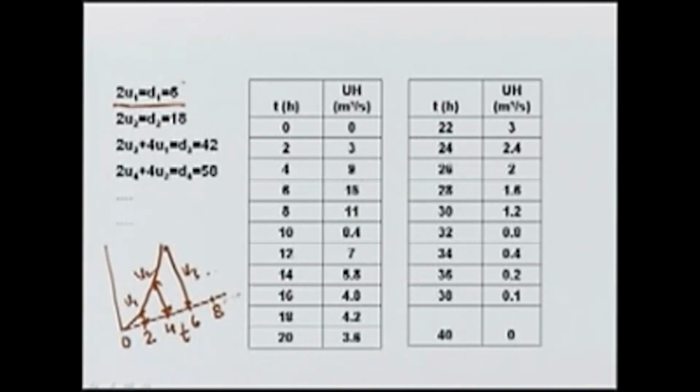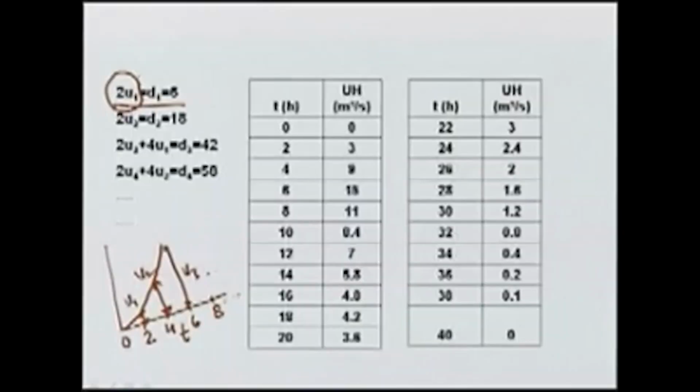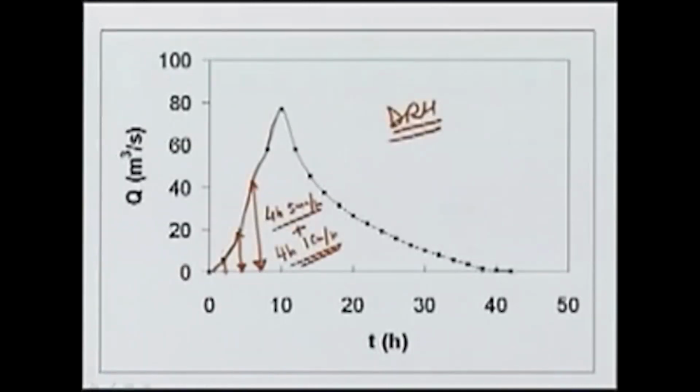So, the DRH ordinate, since the first rainfall is of total 2 centimeter effective rain, 2 U1 should give us the direct runoff because of this rain. So, D1 represents the DRH ordinates D1, D2, D3 and so on.